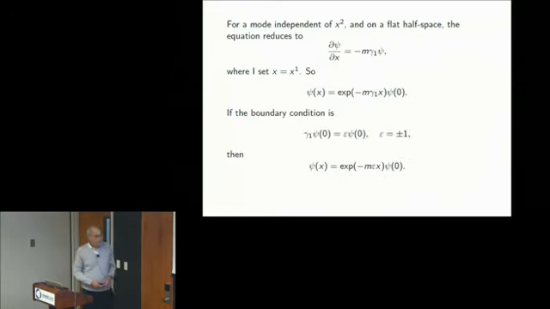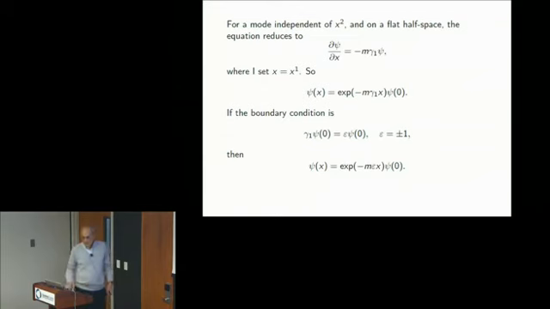Well, remember, our boundary condition was that the normal Clifford multiplication on psi was plus or minus psi. So that means in this notation, gamma 1 psi is plus or minus psi, where I've called the sign epsilon. So psi of x is something times psi of 0, and gamma 1 on psi of 0 is plus or minus psi of 0. So the solution more explicitly is like so.